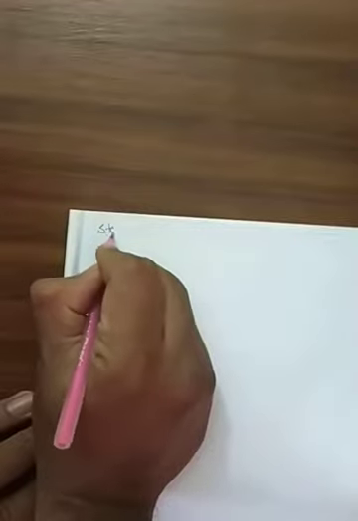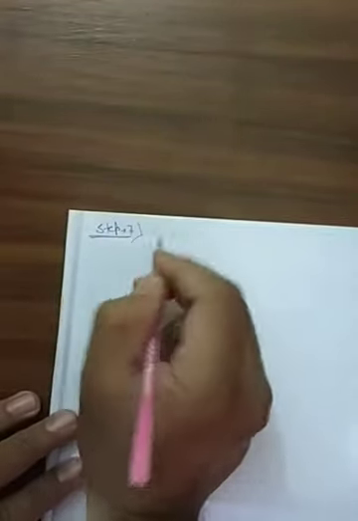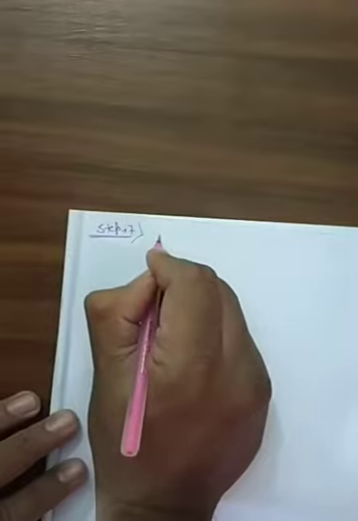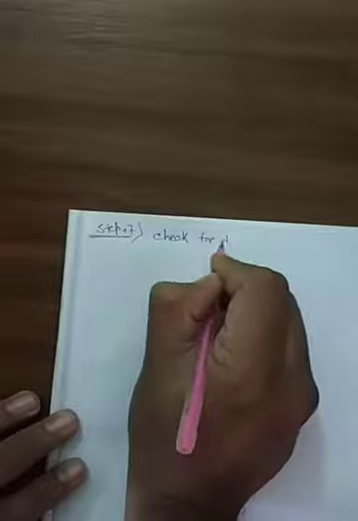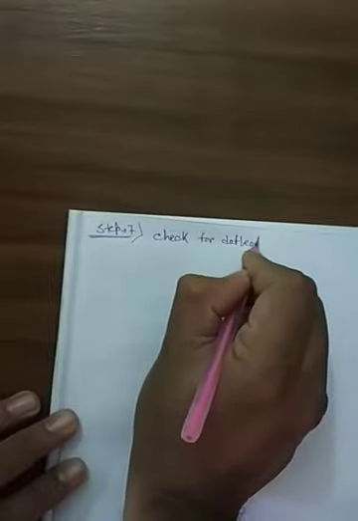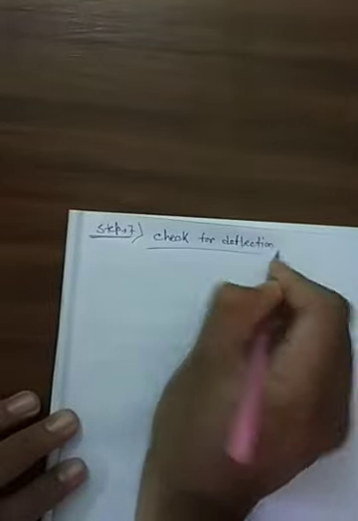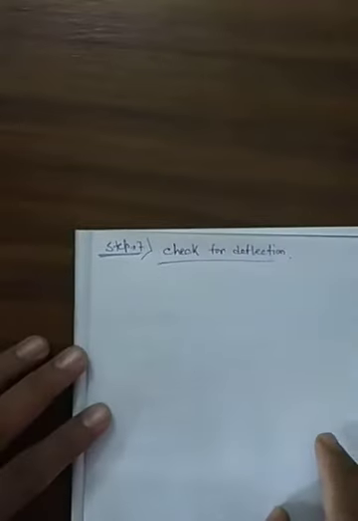Now move on to the next step, that is step 7. In step 7 we have to check our deflection value. So check for deflection. This is a very important step. See this carefully.